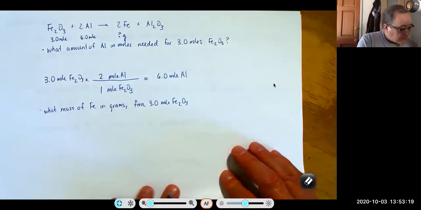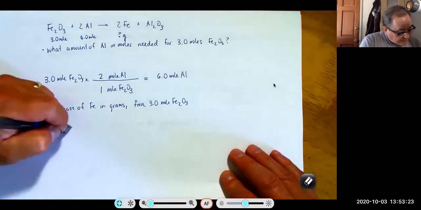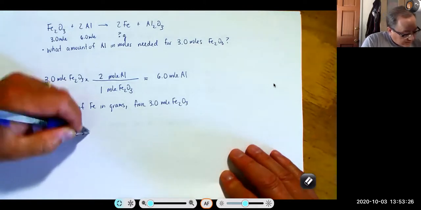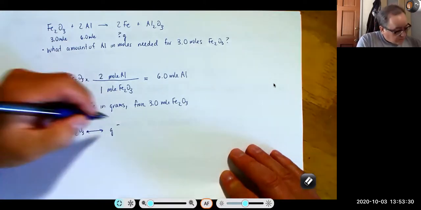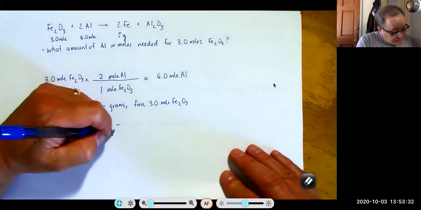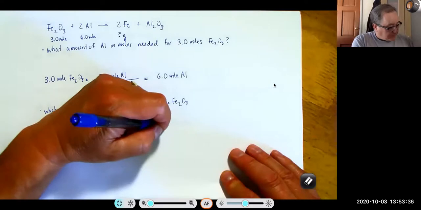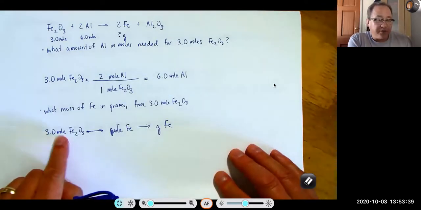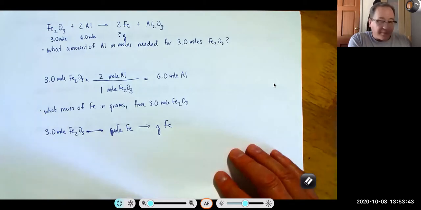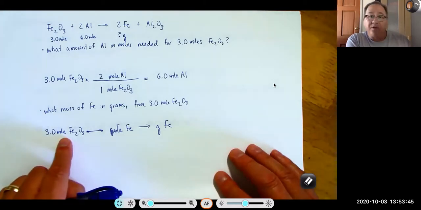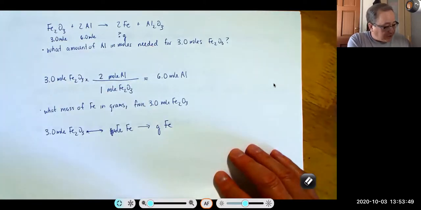So we could start with 3.0 moles of Fe2O3 and convert that into moles of iron, and then convert that into grams of iron. We don't need to convert this into grams, which is what I was about to do. Once you have the moles of a substance, you can convert it into moles of the other substance using the balanced reaction. So this should get us our answer.